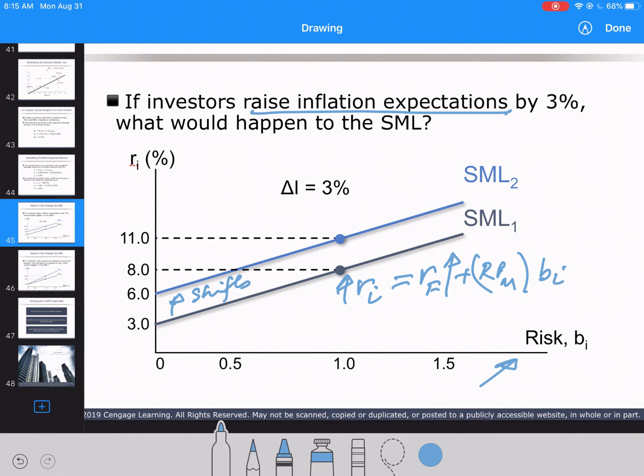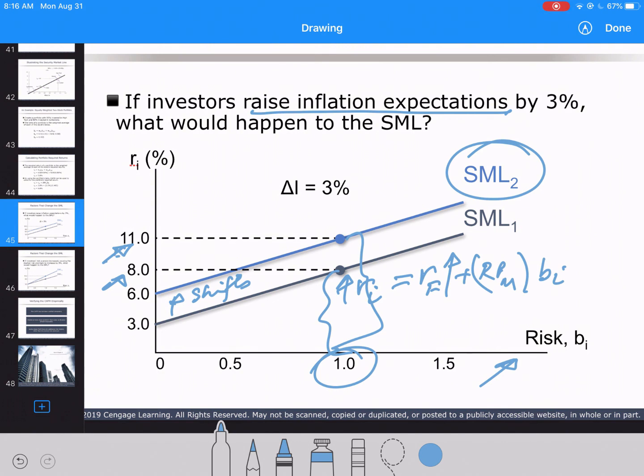Once this shifts, it is here, SML2. Now you look at an asset that has a beta of 1, and you used to require this much, now you are going to require a higher return. Previously it was 8%, now it will be 11%.